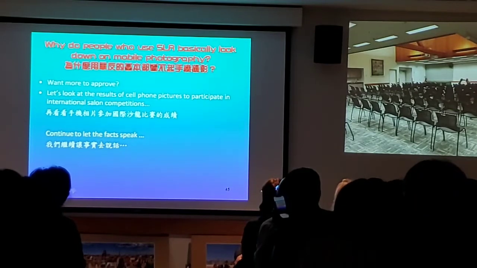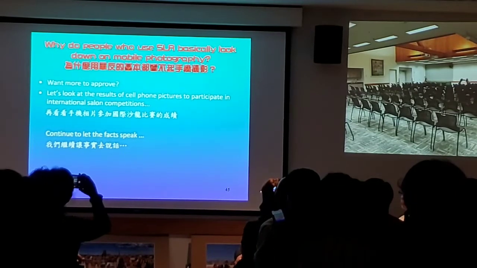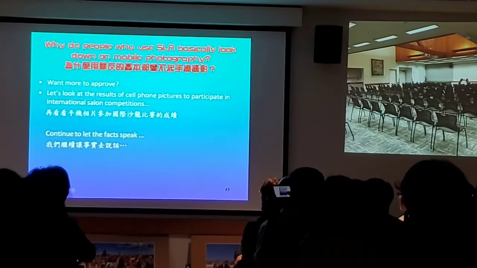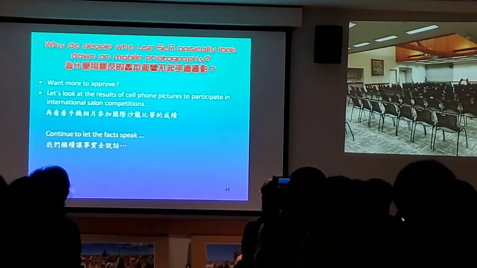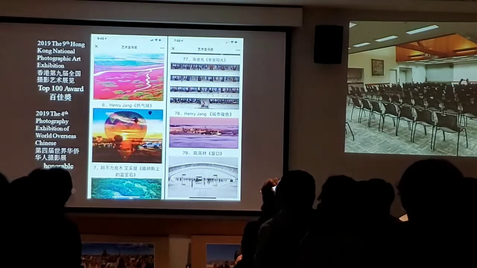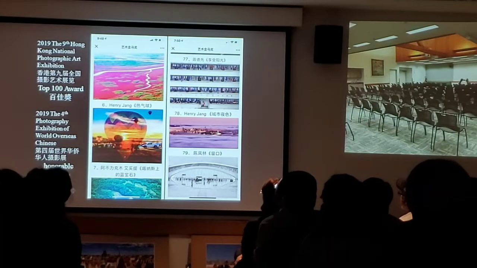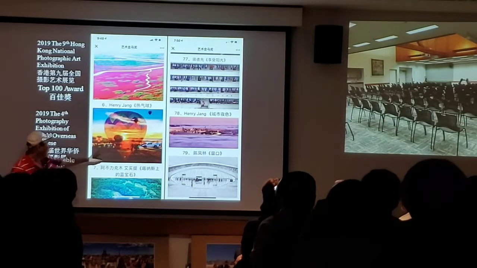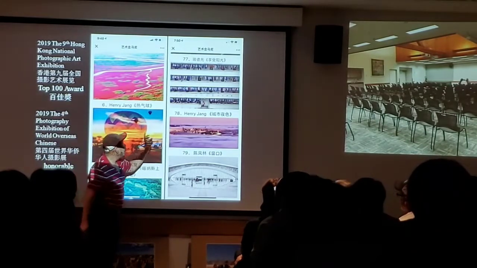Okay, let's look at another angle. What if I use my cell phone pictures in an international salon competition? Okay, this is a very recent one in Hong Kong. I got these two pictures, right?